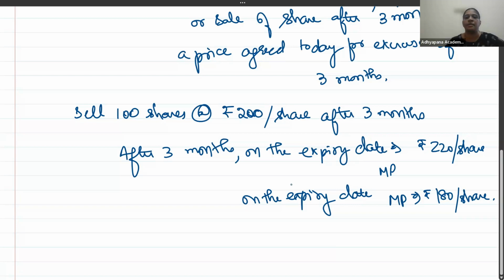So what is happening? The seller is always at stake. Correct? When will the buyer buy from you? Only if it is less than the market price, which means the seller is always at stake. Only if he quotes a price lesser than the market price will the contract be exercised. Otherwise, the buyer will say, no, I will not buy from you, I will go and buy from the market itself.